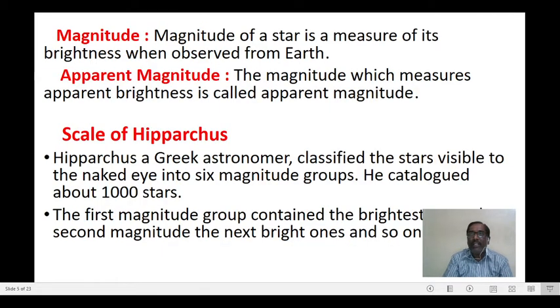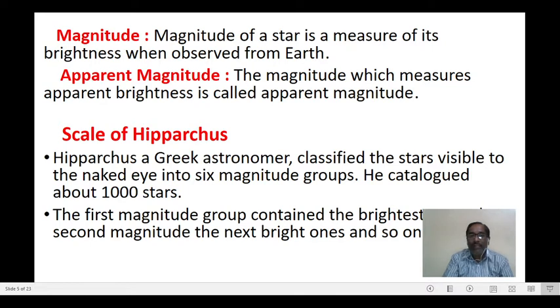Next, magnitude of a star. Magnitude of a star is a measure of its brightness when observed from the Earth. Magnitude is nothing but a unit to measure brightness of the star. Apparent magnitude: the magnitude which measures apparent brightness is called apparent magnitude.